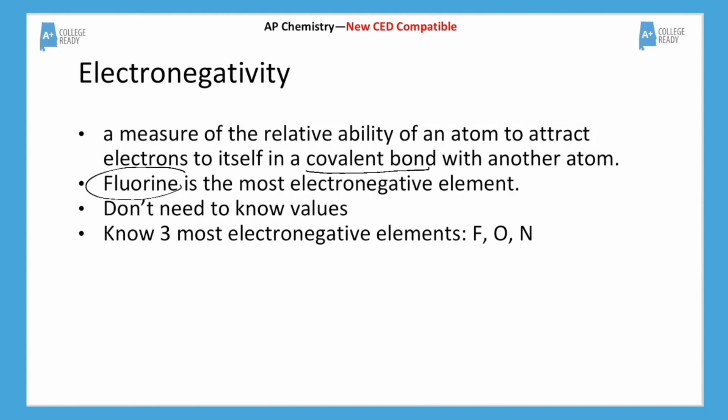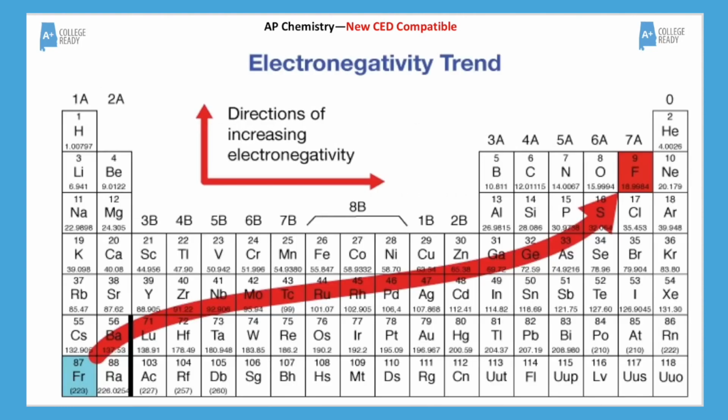You just need to know that fluorine is the most electronegative element. Don't need to know the values on tables. If they needed you to know values, they'd give them to you. Really, what you need to know are the three most electronegative elements. It's fluorine, and then right to the left of it, oxygen's number 2, nitrogen is number 3. So that's kind of the trend. It's going to increase towards fluorine and decrease away from it.